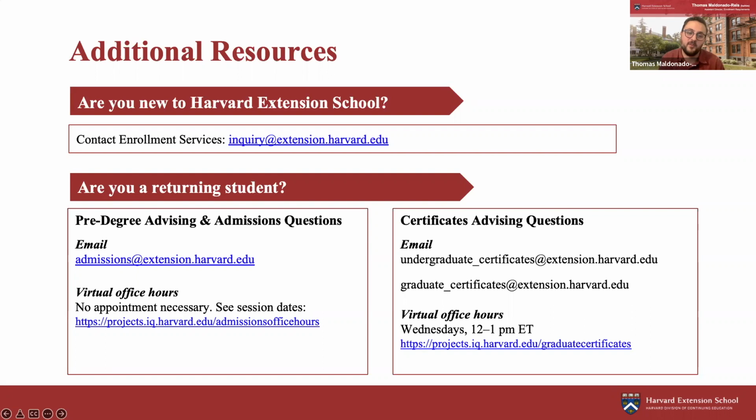But if you have specific questions related to pre-degree advising or admissions, they have virtual office hours, which you can sign up for at the link provided, or you can reach them via email. Additionally, if you had questions about a certificate in particular, whether undergraduate or graduate, that would be available here. Virtual office hours for that office will be available Wednesdays 12 to 1 at that URL as well.